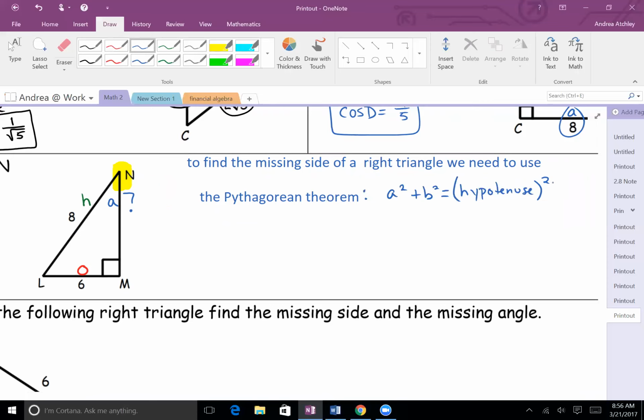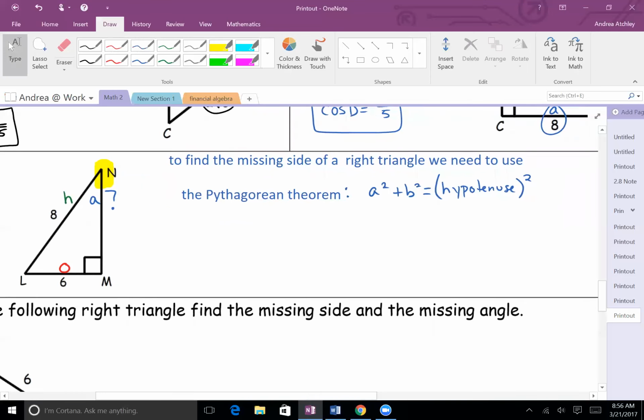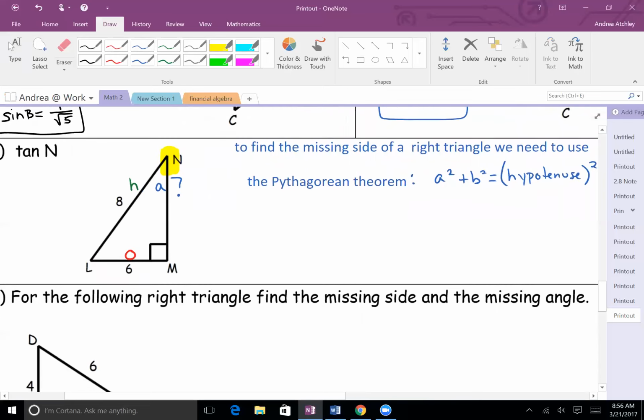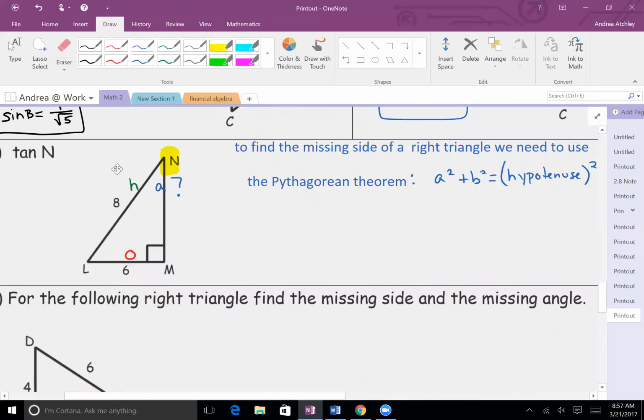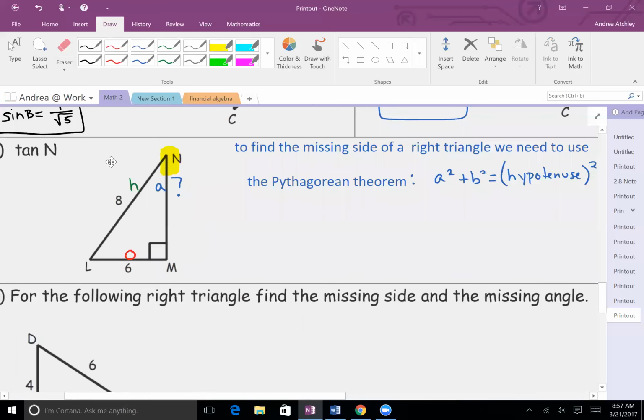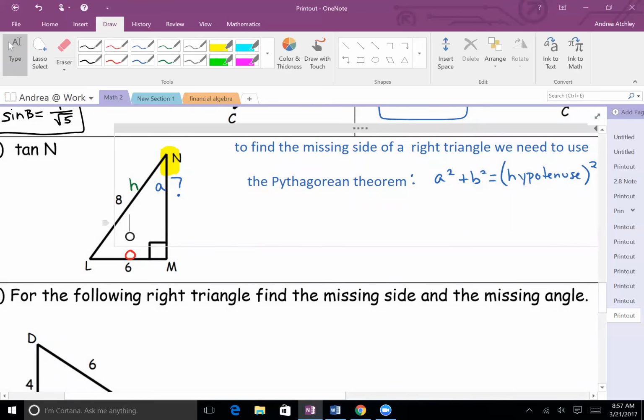Any questions over that? Okay, so we want to do 6 squared plus the a squared, adjacent side squared, equals my hypotenuse squared, which is 8 squared.